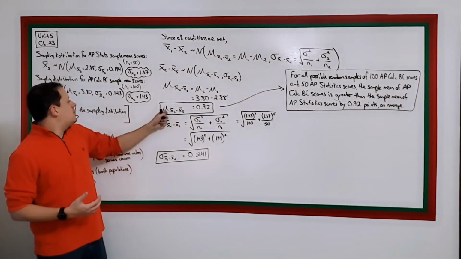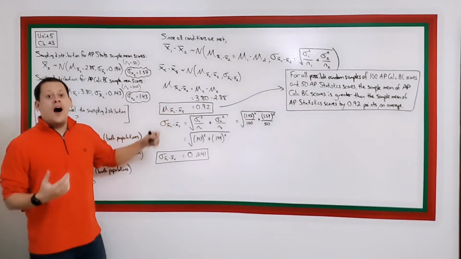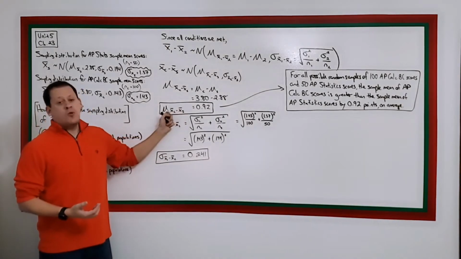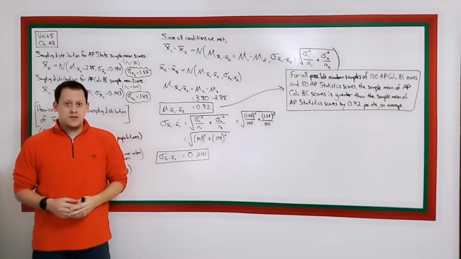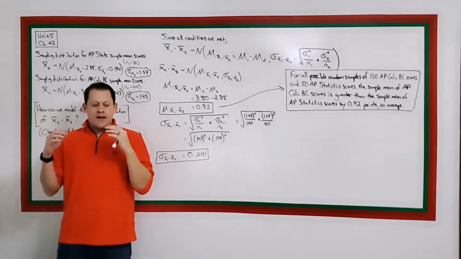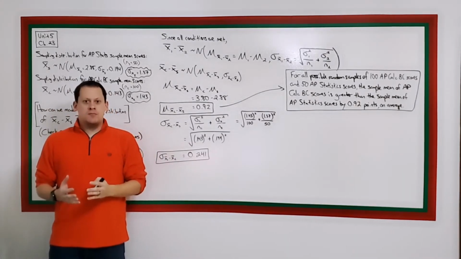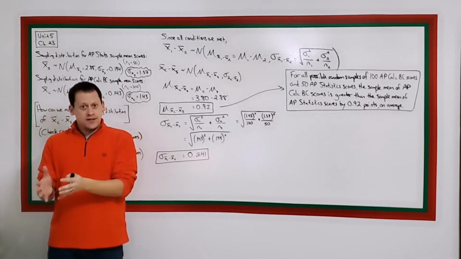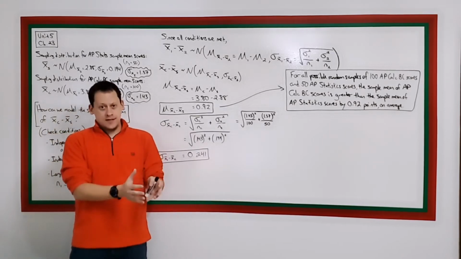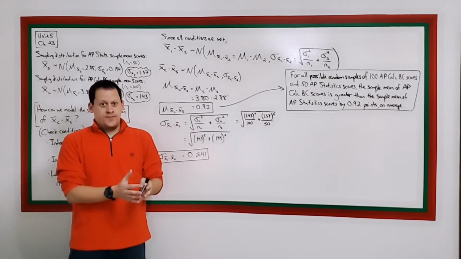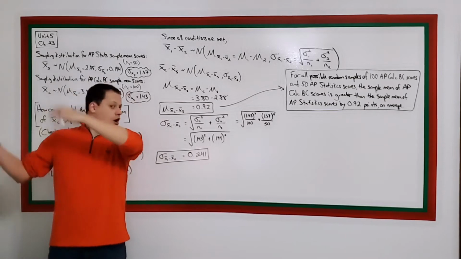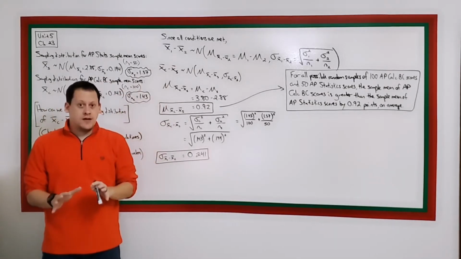We are taking the population mean of the difference in sample means between these populations. We are doing the average difference between a sample mean for calculus test scores and a sample mean for statistics test scores. Okay, the word mean is flying around all over the place and it can get really confusing.